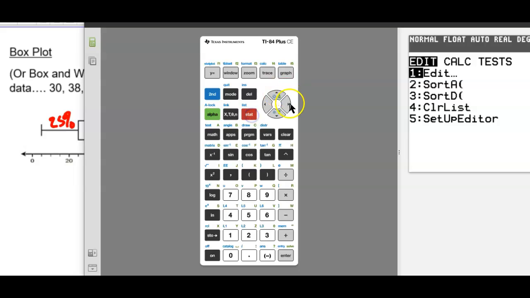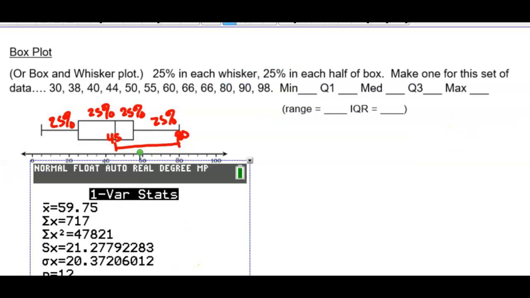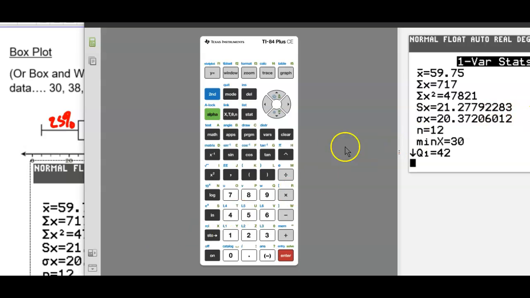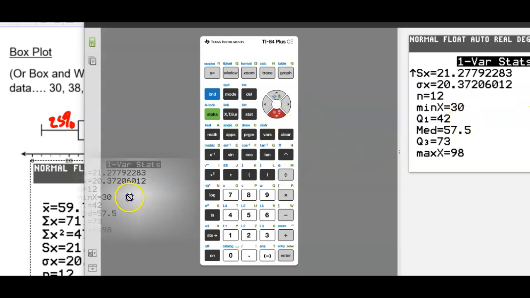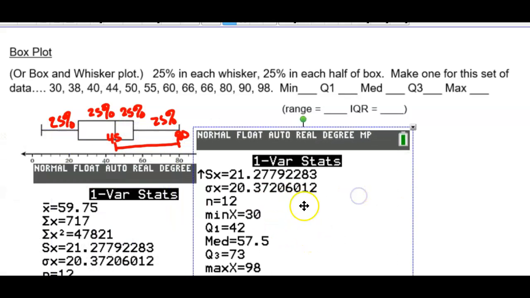Then you go stats, right arrow, enter, enter, enter, enter, and you will need to scroll down when you get to that spot, because what we want is the 5-number summary, which is the min of 30, a Q1 of 42, 57.5 was the median, 73 was the third quartile, and the maximum was 98.